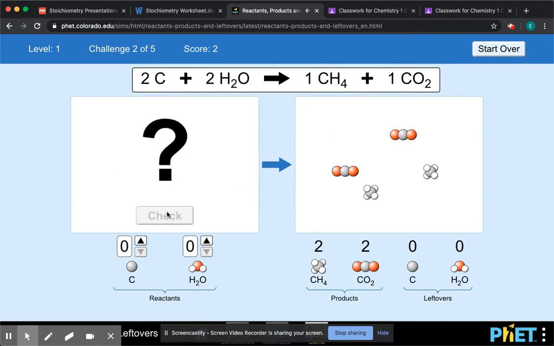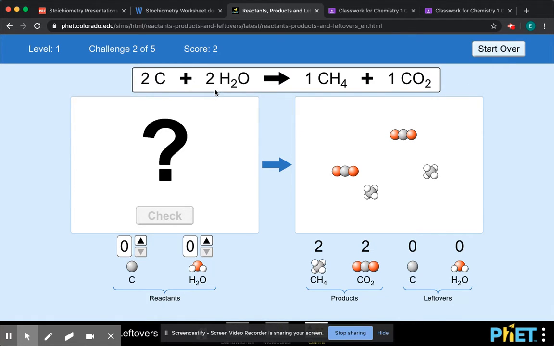I'll do one more, and then I'll start going to the presentation. Again, think of this as a recipe. 2 carbons and 2 waters makes one CH4 and one carbon dioxide. How many of each do we make? And look, this recipe makes one of each, but we have 2 of each, which means all we need to do is double the recipe.